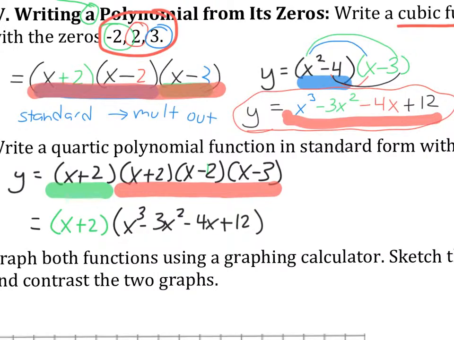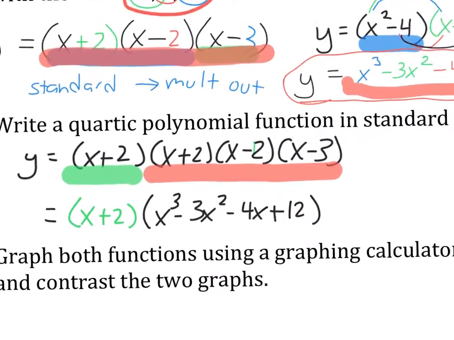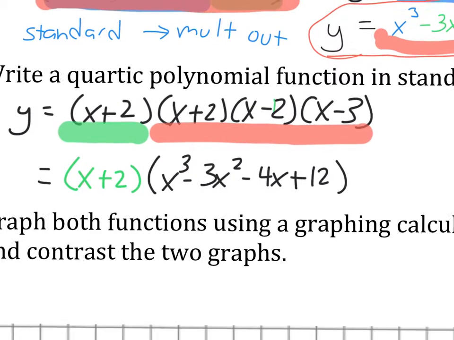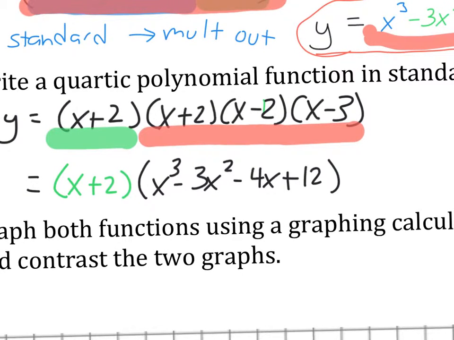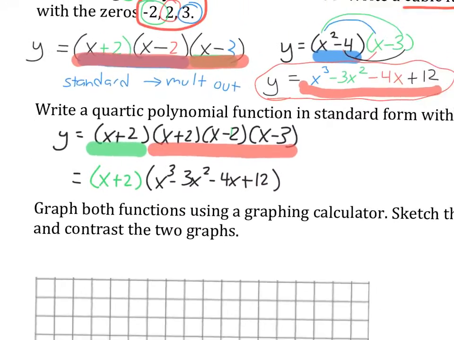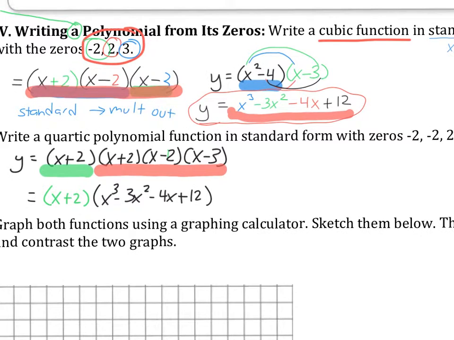Now we're not done because it does have to be in standard form. So here is a bit of complexity. We're going to do double distribution. This x is going to distribute to each term there, and the 2 is going to distribute 4 times there. So I'm going to go step by step here and distribute out.